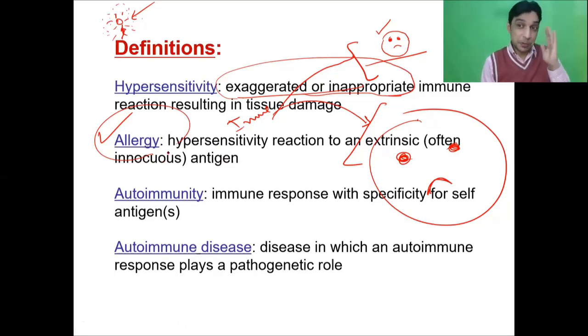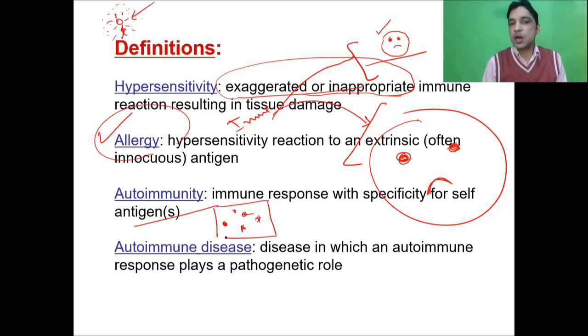You should be able to understand that. And then the autoimmunity. Now autoimmunity is a very specific response against the self antigens. There are a lot of antigens in our body, and we are living comfortably with all those antigens present in our body.